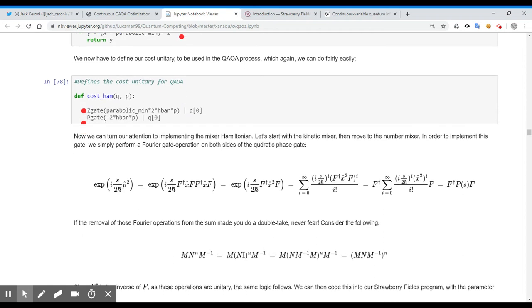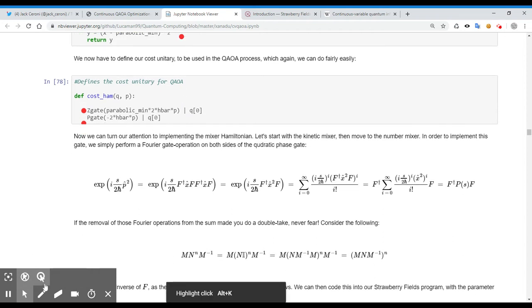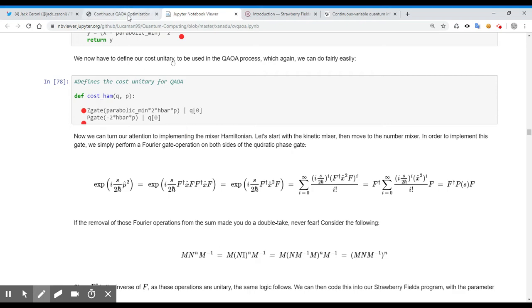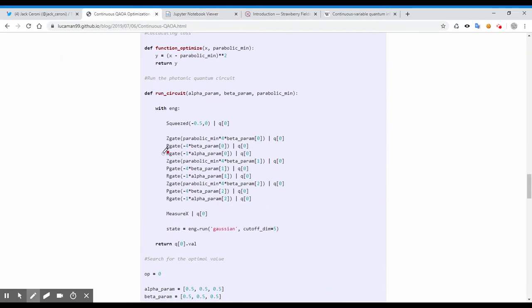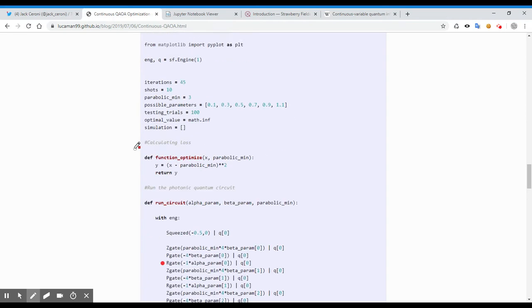So the constant Hamiltonian is a bit different in the sense that it's only a Z gate and a P gate, and there's no R gate.